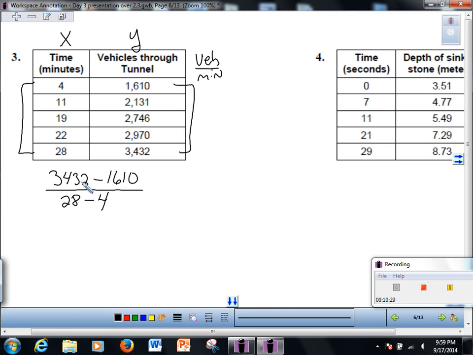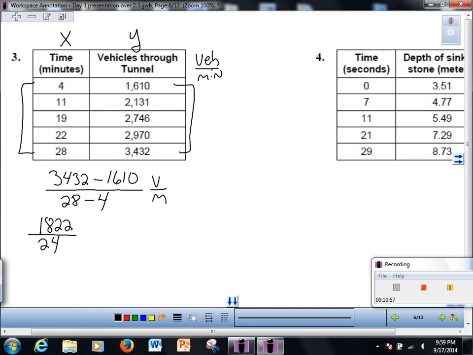The 3432 and the 28 go together. The 1610 and the 4 go together. And right now, I'm in vehicles per minute. So let me go ahead and simplify this. 3432 minus 1610 is 1822 over 24.